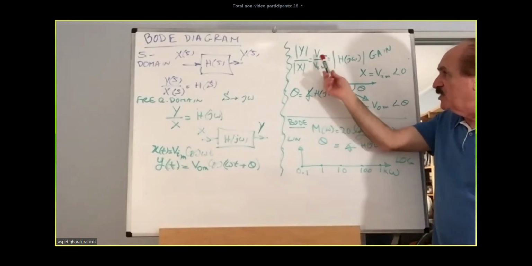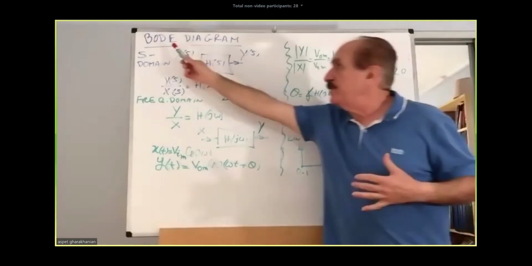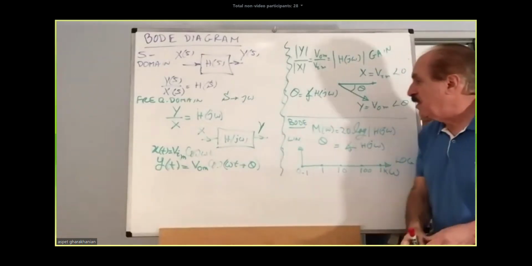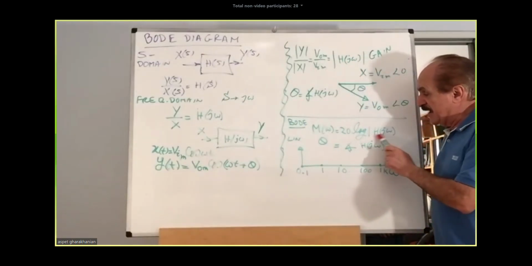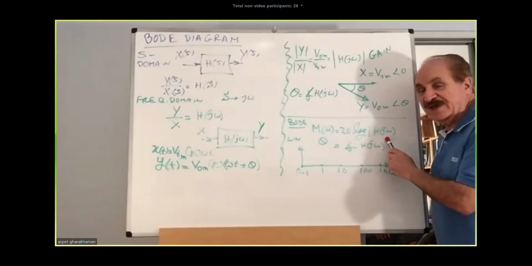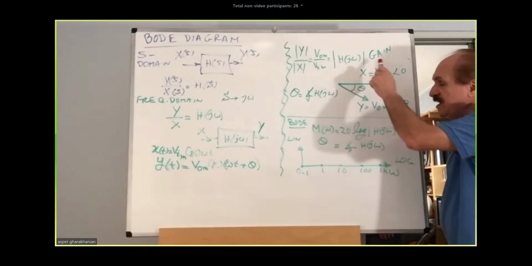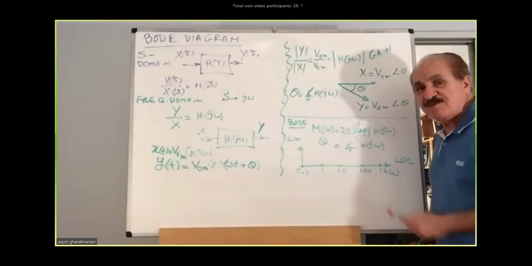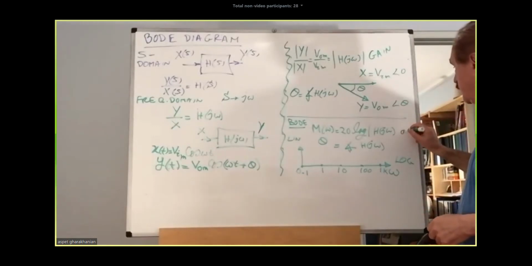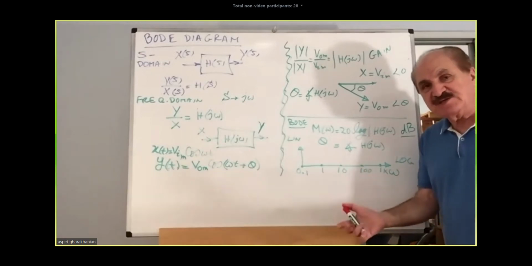Often the gain is plotted against the frequency, but in the Bode plot diagram, for a special reason, instead of plotting the magnitude, we will plot 20 logarithm of that amplitude. 20 log of the magnitude of the gain is called the gain M of omega in terms of decibels, dB.